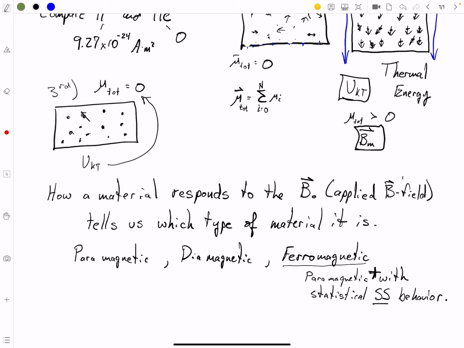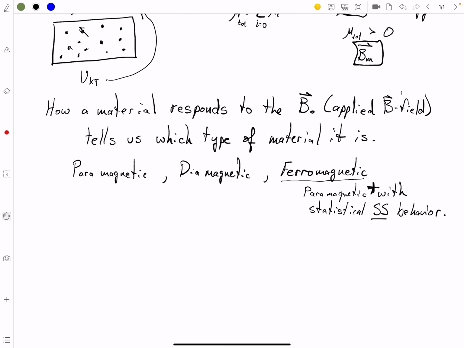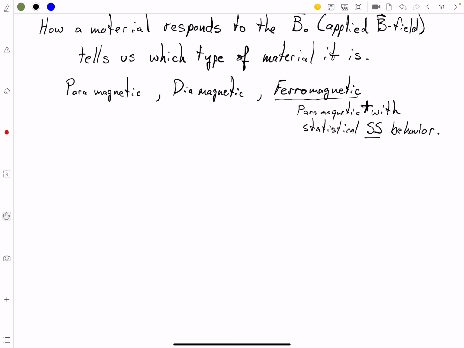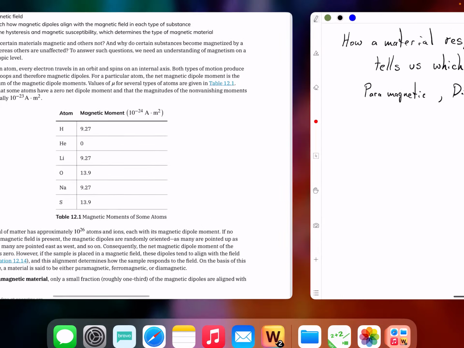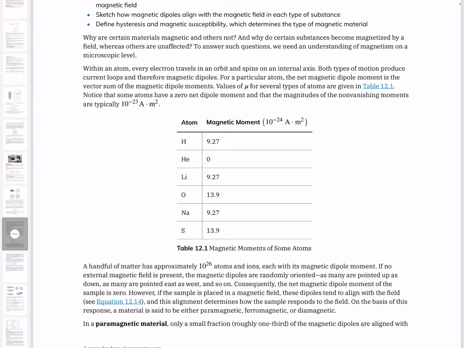Okay, so yeah, all right. So let's talk about paramagnetic then, because that's the root. And we'll talk about paramagnetic, then we'll talk about diamagnetic, and then we'll get into the ferromagnetic in the end. Okay. So paramagnetic materials, let's get back to this. We've got hydrogen here, you can see 9.27. We've got lithium 9.27, oxygen, sodium.